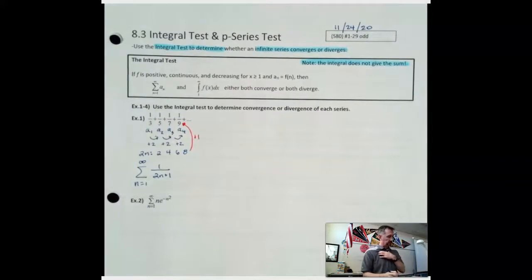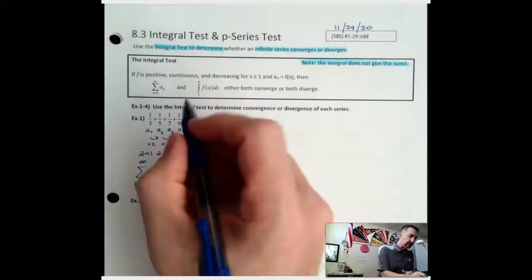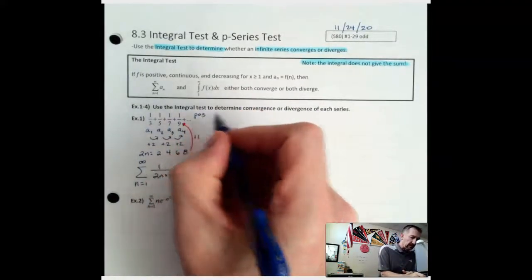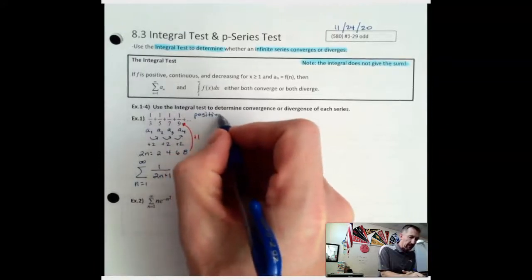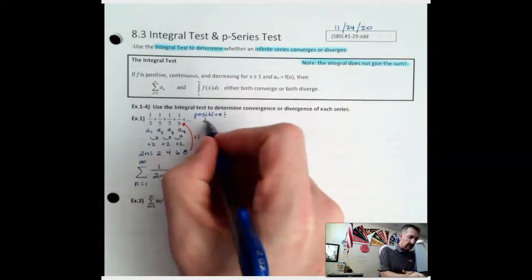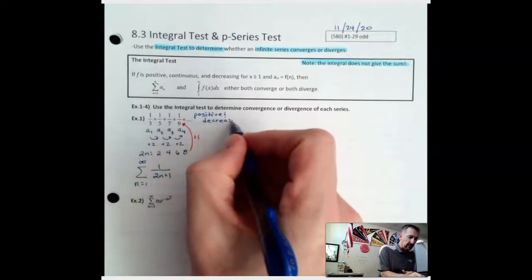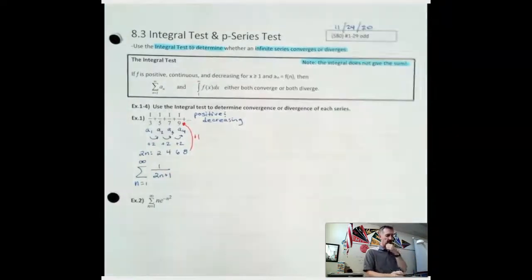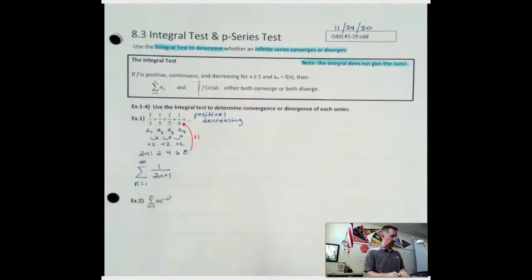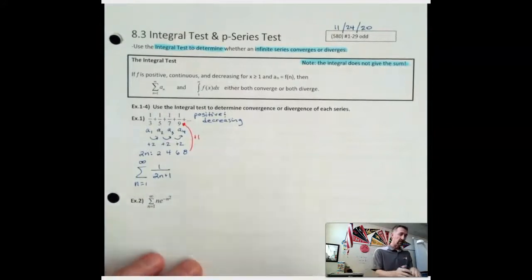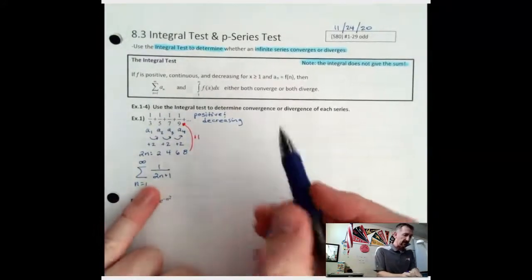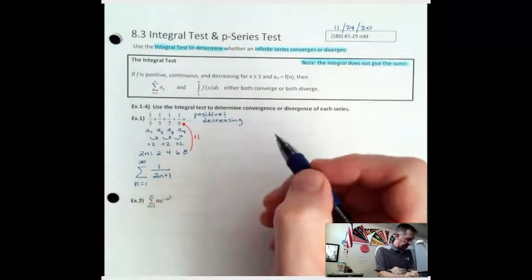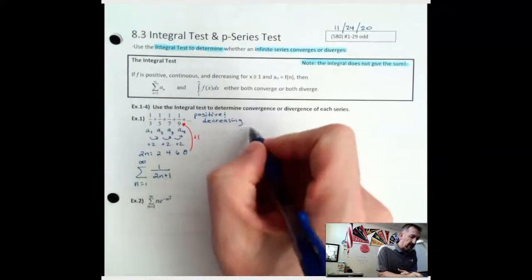All right. This is positive and decreasing. We're determining that just by looking at the numbers there. So what we want to do is compare that to f of x.